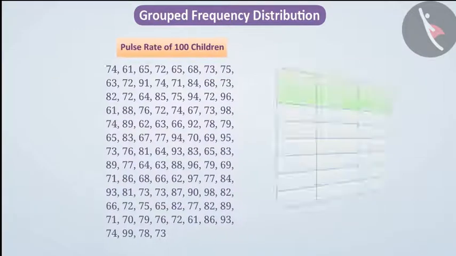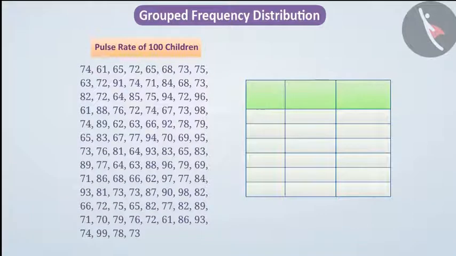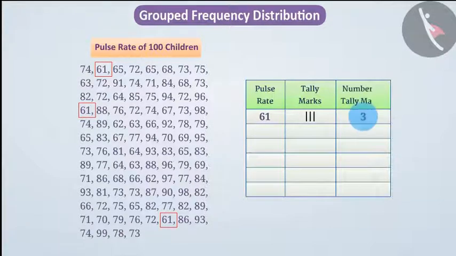Another way of arranging these is that we create a table and write the pulse rate in the first column and show how many times the pulse rate is repeated in the second column as tally marks and write the number of the tally marks in the third column. This number will tell us how many times the pulse rate is repeated in the data.